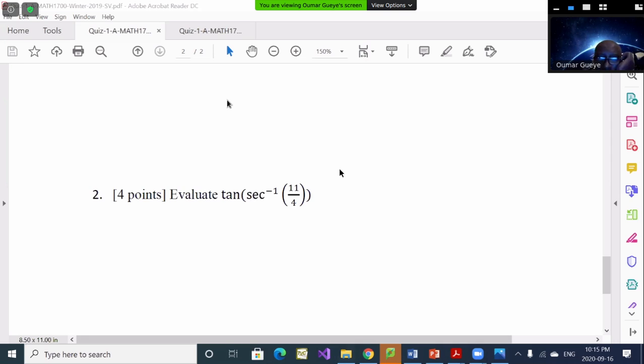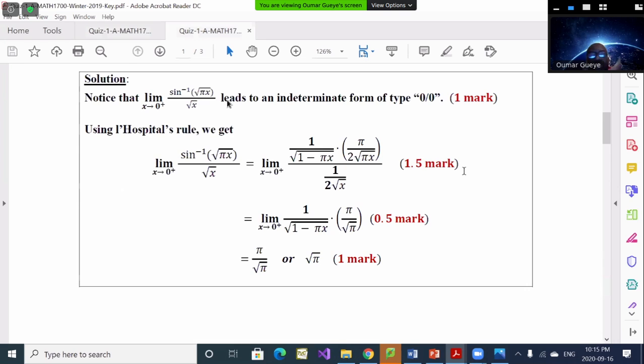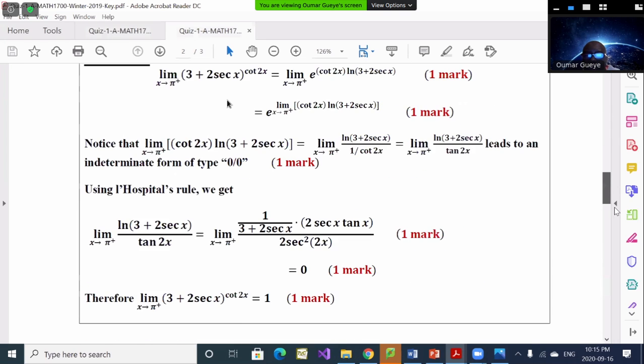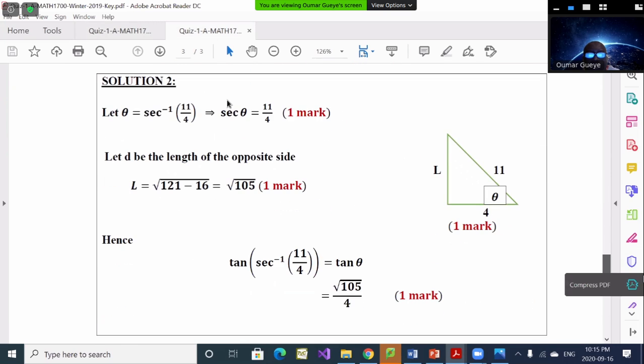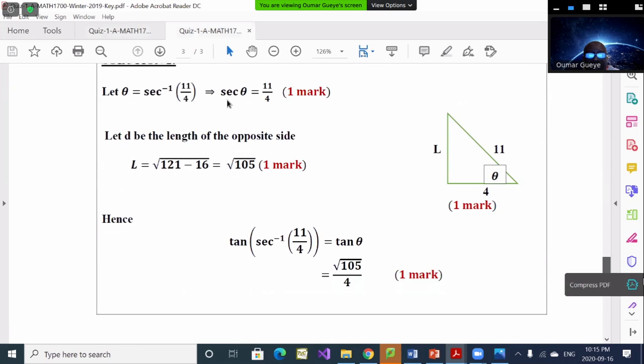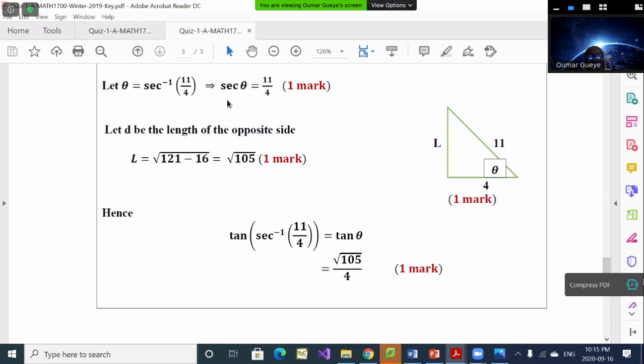All right, so let's see the solution. Is it what you got? Yes, sir. All right, so we did this kind of example many times.